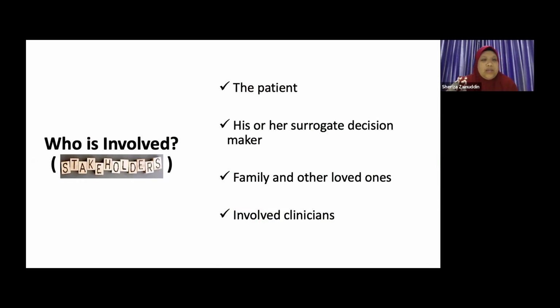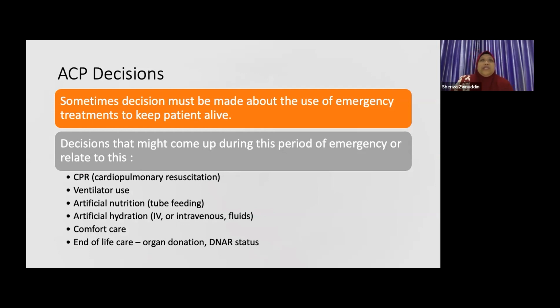So, who is involved in ACP? Of course, the patient, his or her surrogate decision maker, the family and loved ones, the next of kin, and of course the clinician in charge of the patient. So what are the common ACP decisions that require an ACP document? Sometimes decisions must be made in situations of emergency to make sure that the patients are kept alive or treated accordingly.